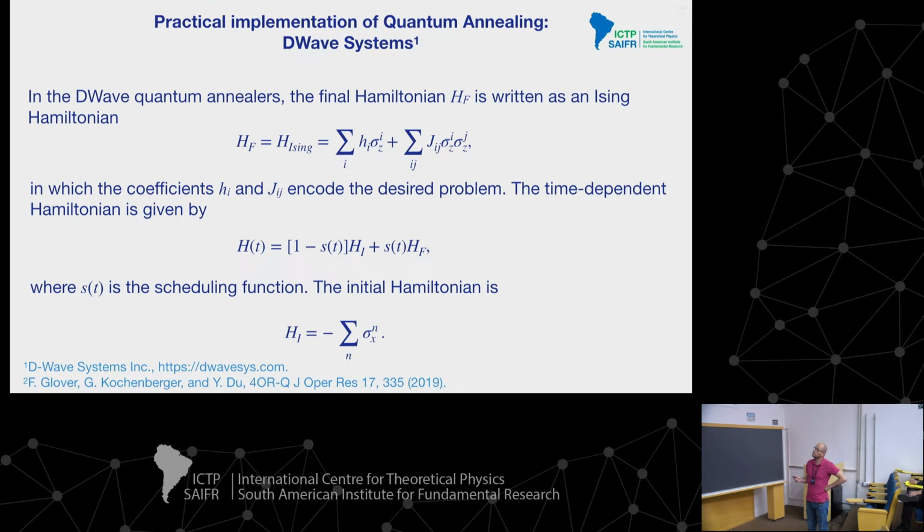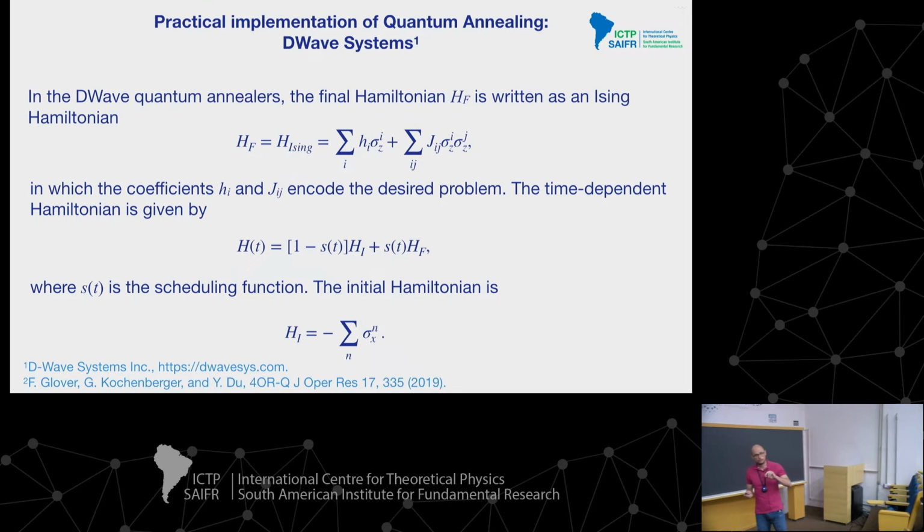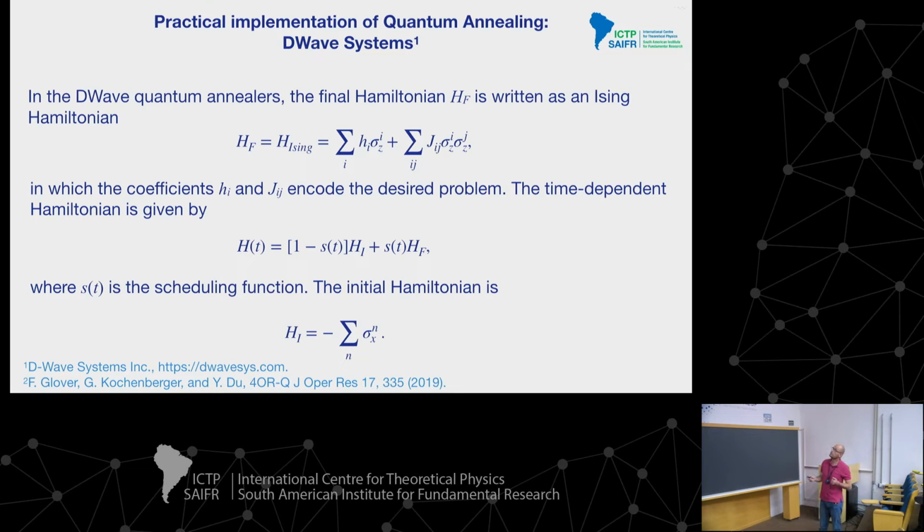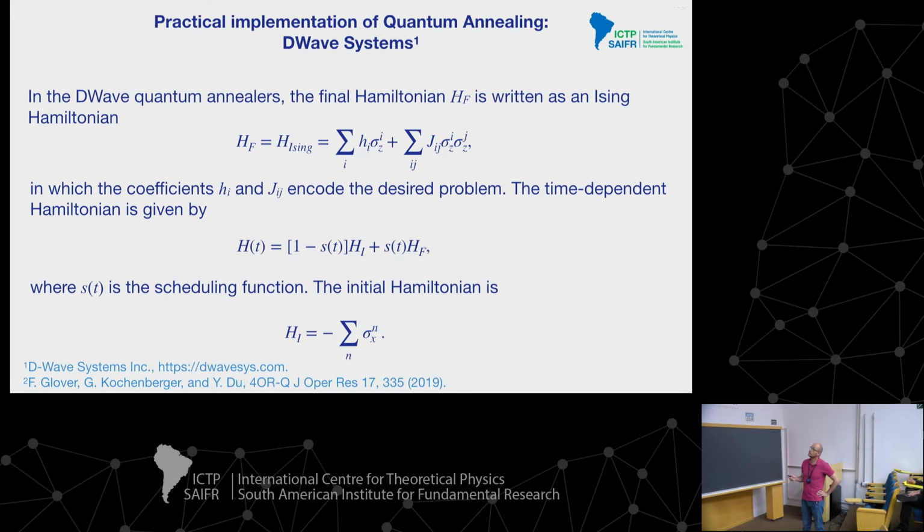In these coefficients, you encode the solution to your problem. Here, you define your problem by encoding the values of these coefficients. These are sigma z, the Pauli matrix, right? Observe that this Hamiltonian is diagonal in the computational basis.